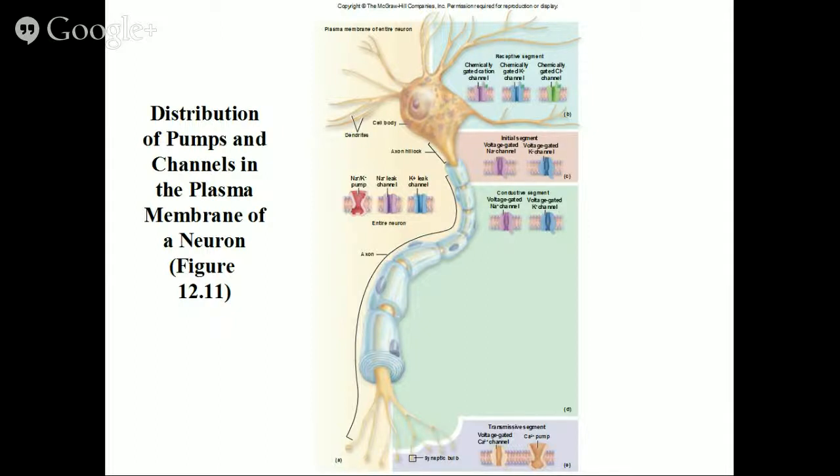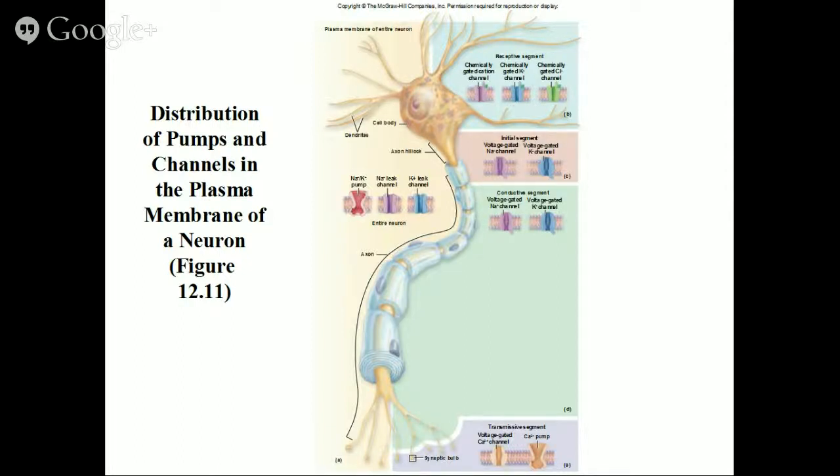There's a neuron off screen who's talking to the neuron that's currently on screen, and when a neuron is talking to another neuron, we call the neuron doing the talking a presynaptic neuron. Pre meaning before, synaptic referring to the synapse. So there's a neuron before the synapse talking to this neuron on the screen.